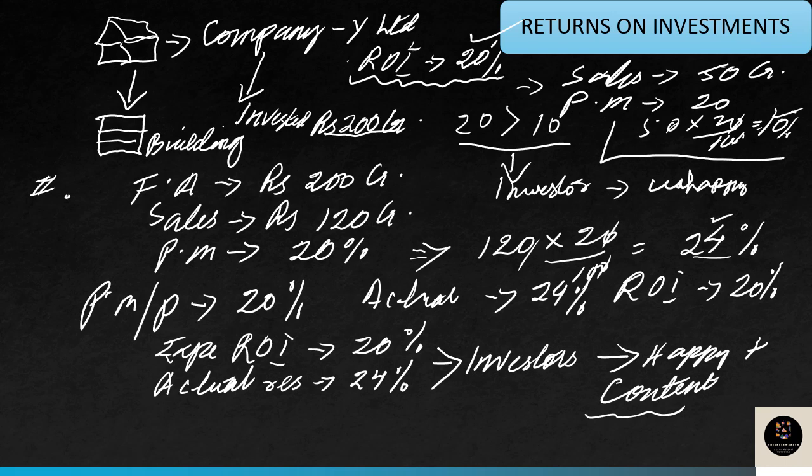So expected return on investment is 20%, and actual profitability of the business is 24%. So its actual result is greater than expected return on investment 20%. In this situation, the investors would be very happy and contented.